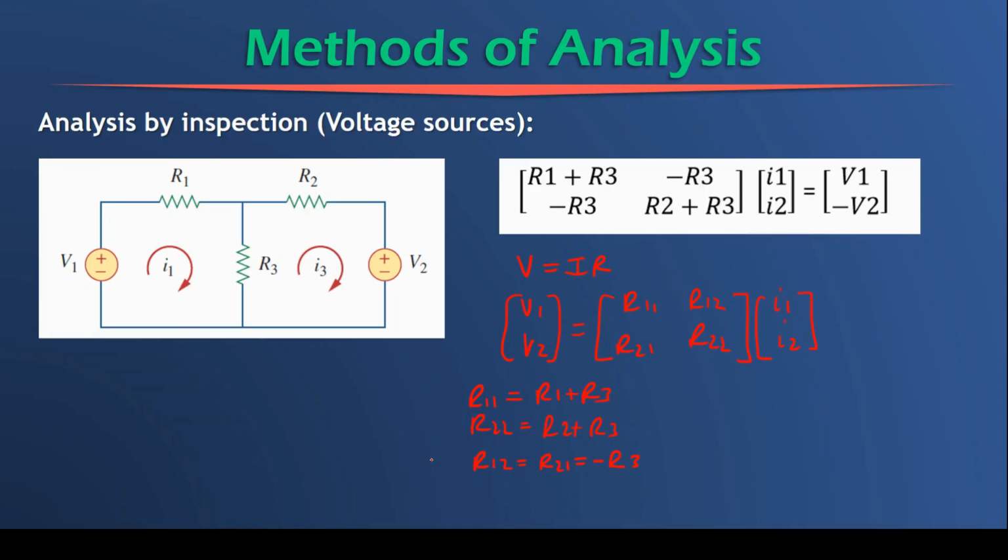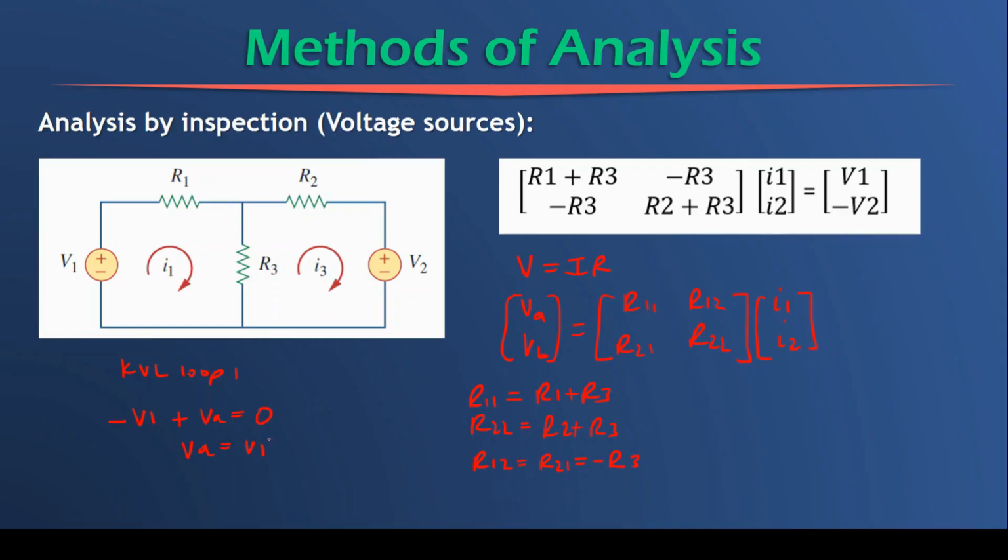Finally, to determine the voltages V1 and V2, we can do a KVL in loop 1 and in loop 2, where we can then say, in loop 1, minus V1 plus the actual V value, let's call that VA and VB, plus VA is going to give us 0, which then tells us VA will give you V1.